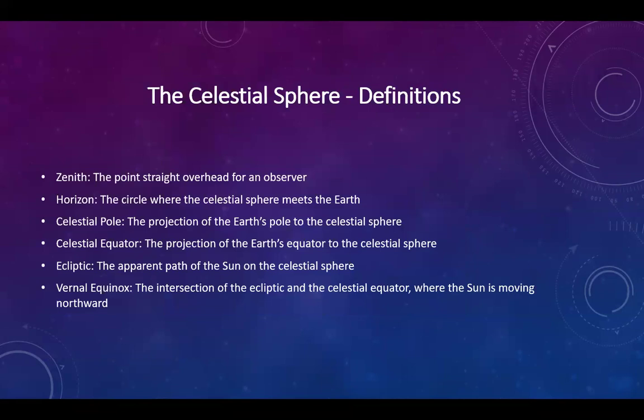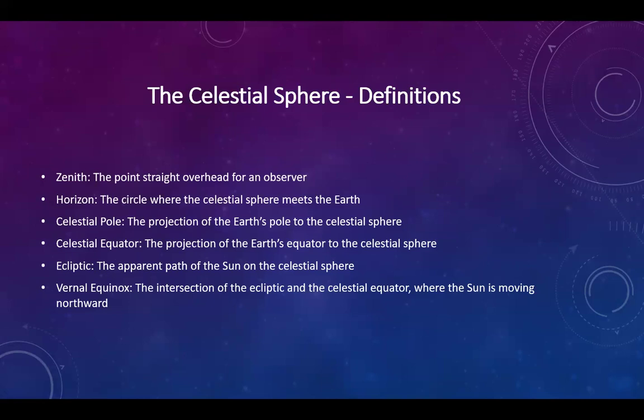So, if you want to talk about locations in the sky, the point directly over your head is the zenith. You're looking straight up, that's zenith. The horizon is when you look out, that's the circle where your vision cuts off, where the celestial sphere meets the Earth.